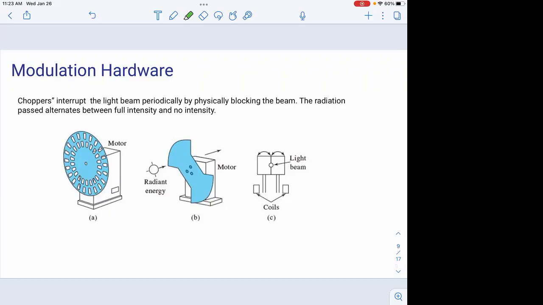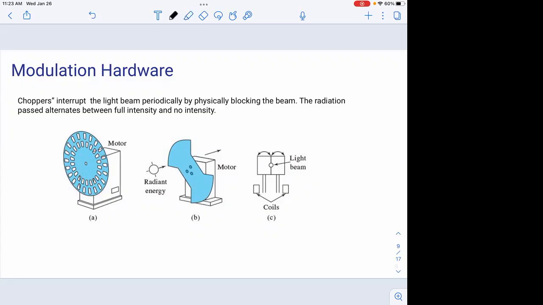So we're talking about a spectroscopy measurement here, and I'm pretty sure in the next slide I specifically talk about flame atomic absorption spectroscopy, so bear with me if you're unfamiliar with spectroscopic measurements. But a chopper interrupts a light beam, the source light beam, periodically by physically blocking it. And so the radiation passed alternates between full intensity and no intensity.